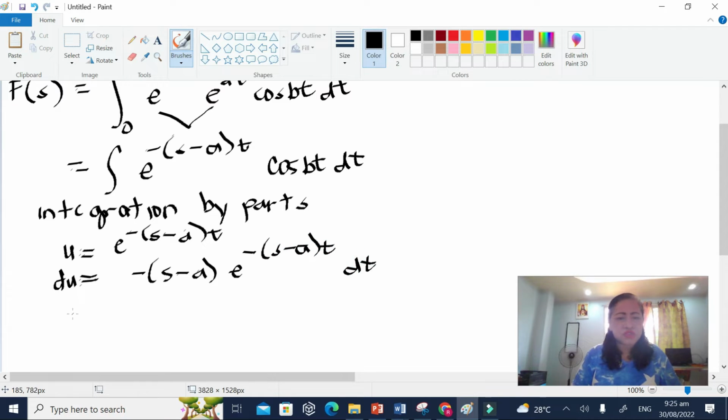Then let us choose dv equivalent to cosine of bt dt.